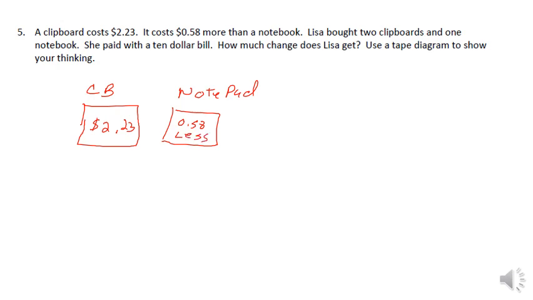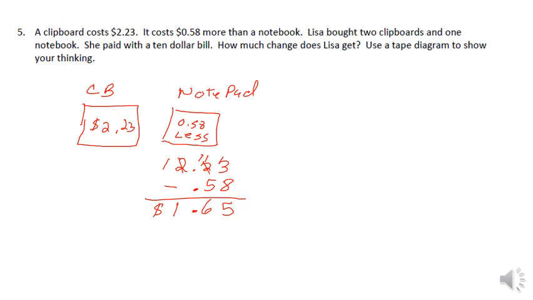So if I wanted to find out how much the notepad was, I'd have to go to $2.23 and subtract 58 cents from it. Notice I lined up my decimals. I have to regroup. So 13 minus 8 is 5. Regroup again. So 11 minus 5 is 6. And our 1. So a notepad we know costs $1.65.